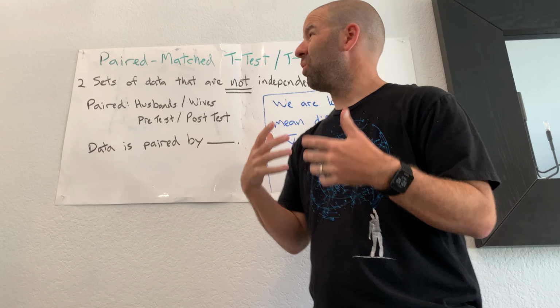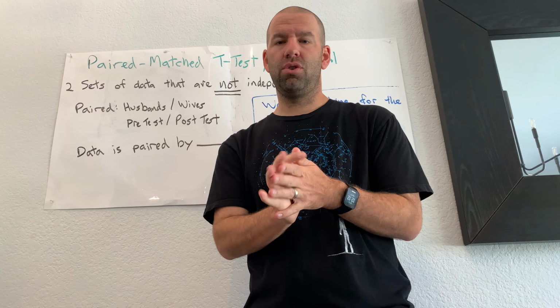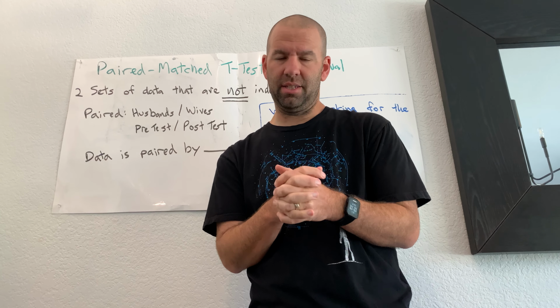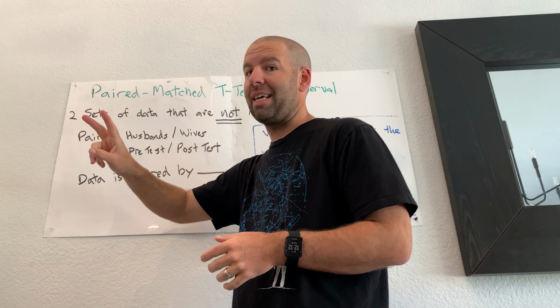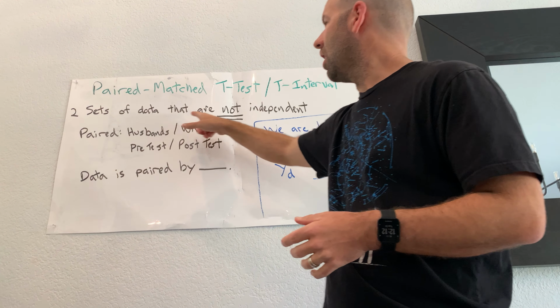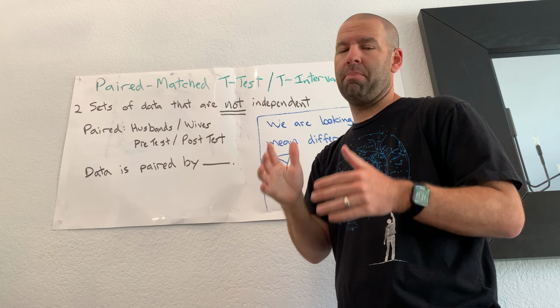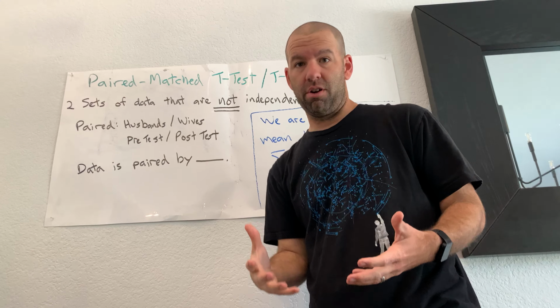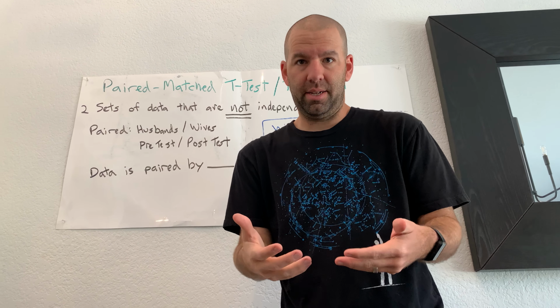So what makes this different from the one we just did, the two sample t-test? It's different because the two sets of data in this one are not independent. They affect each other in some way, shape, or form, which means they are dependent.